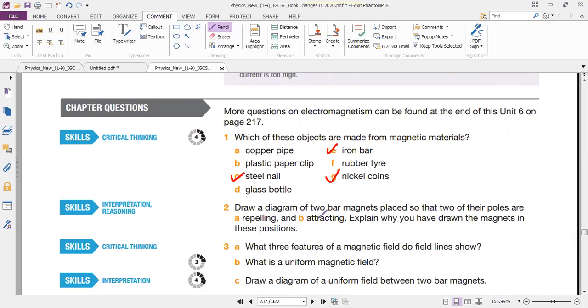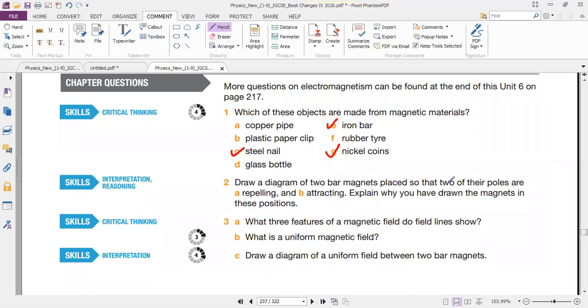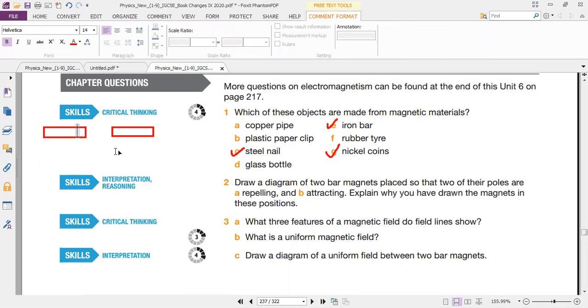Draw a diagram of two bar magnets placed so that two of their poles are repelling and attracting. Explain why you have drawn the magnets this way. So we can draw bar magnets. First of all, repelling. I can draw it here, in, and here also in.